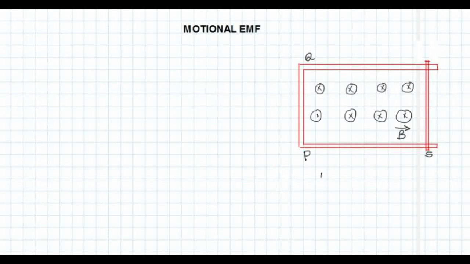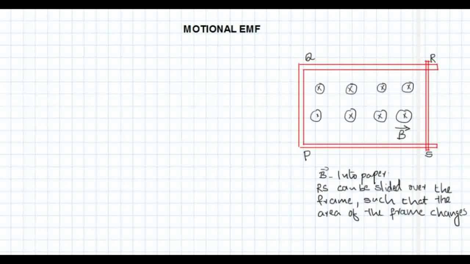There is a magnetic field B, and this symbol represents a direction perpendicular to the plane of the paper, into the paper. So a magnetic field is present perpendicular to the plane of the paper, and the side RS can be slided over this frame.